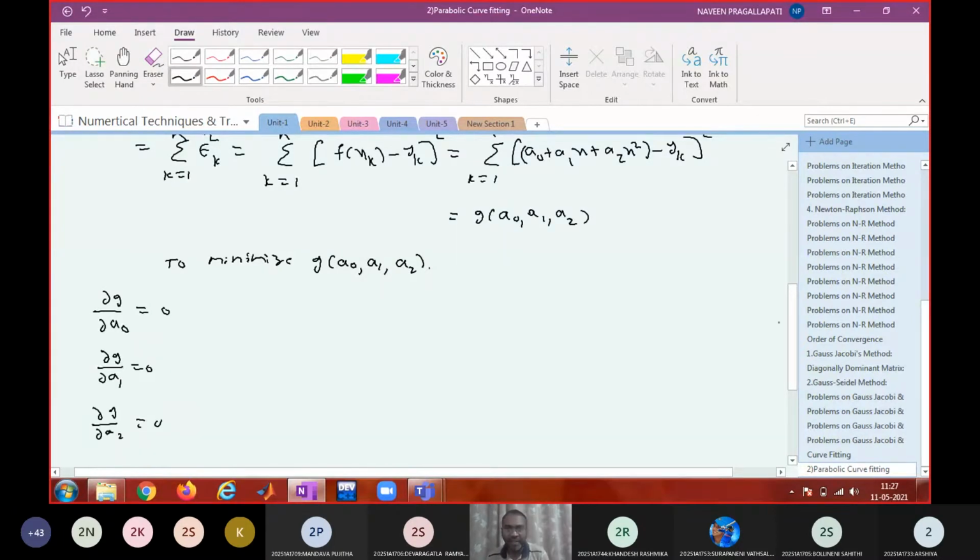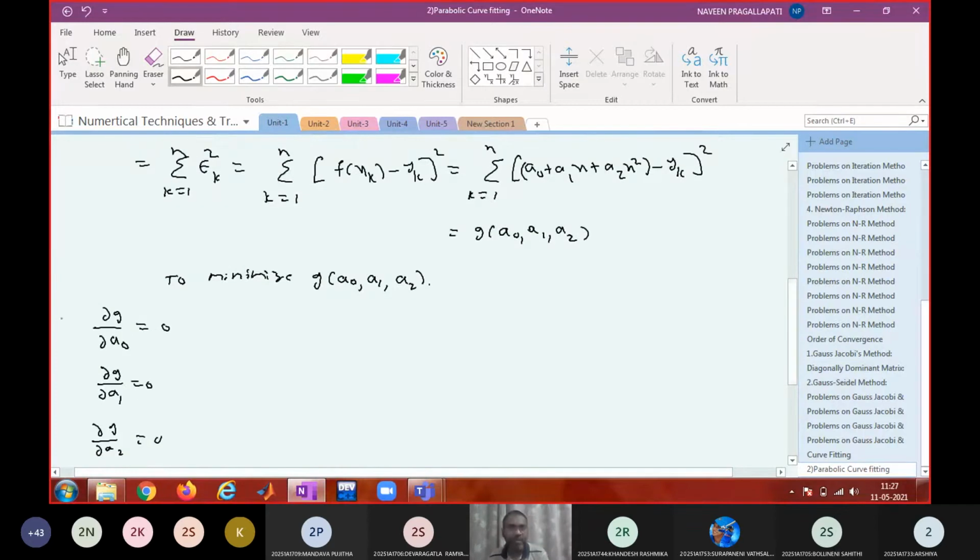So when I differentiate, what do you get? Can you tell me the equations directly, or I might write it as summation k equals 1 to n of 2 times a0 plus a1xk plus a2xk square minus yk, into derivative of a0 with respect to a0, which is 1, equal to 0.